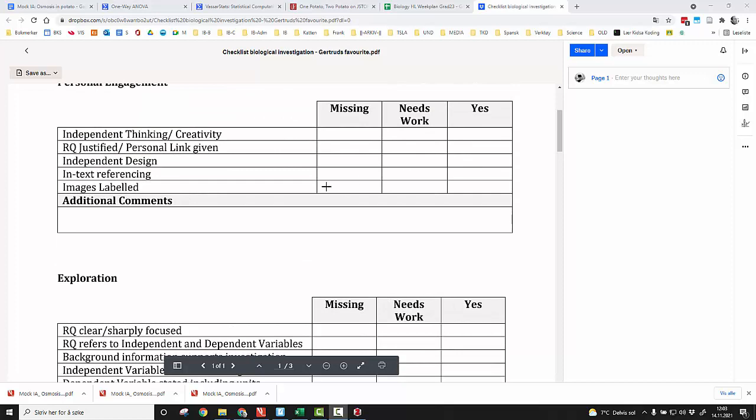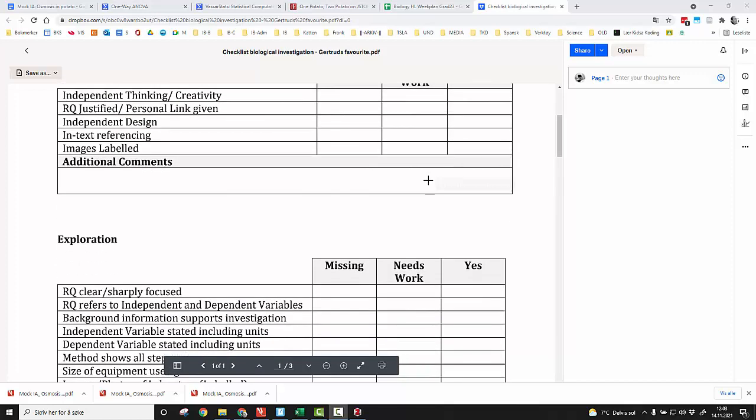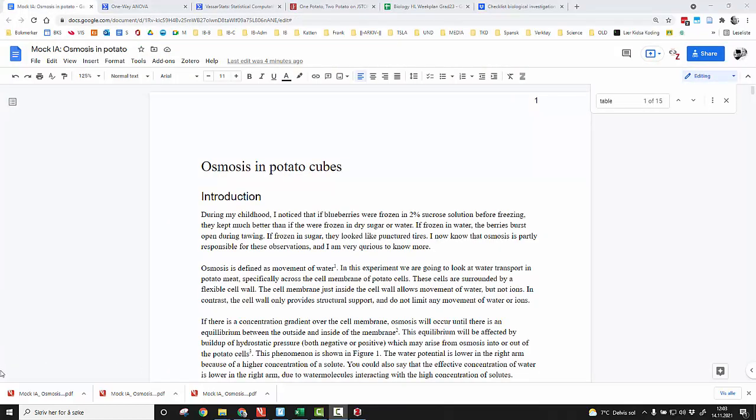Have I labeled the images? If I didn't, you press missing here, or needs work, you say it here. For example, when it comes to personal link, I have written this paragraph here about blueberries, which is kind of my link to osmosis. So I hope to score the points through this paragraph.